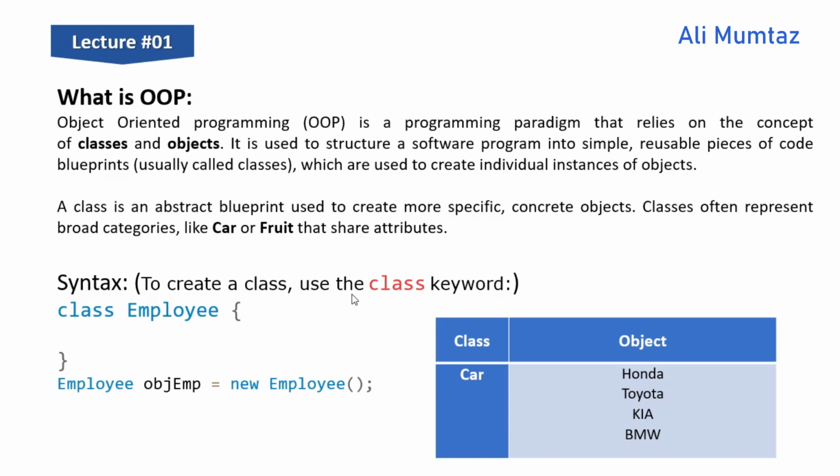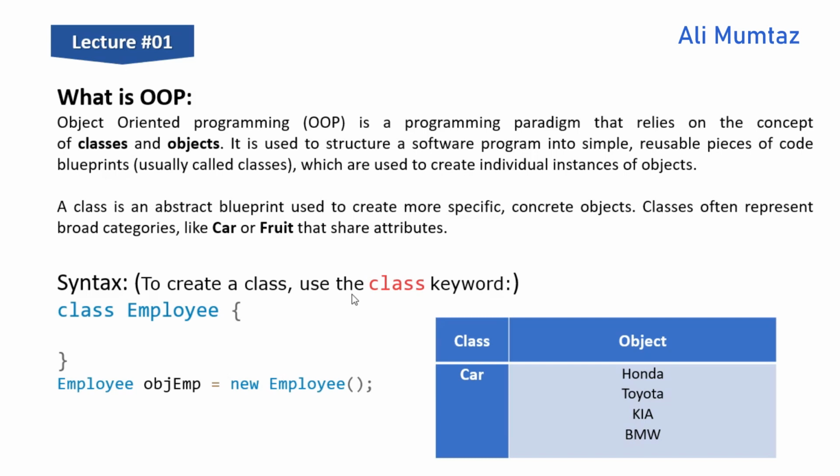When we say fruit, fruit is a class, and mango, banana, apple, these are the objects of this class fruit. Human being is a class, and a boy, a man, a woman, a girl, these are all the objects of that class. And the object always has some attributes and behavior.